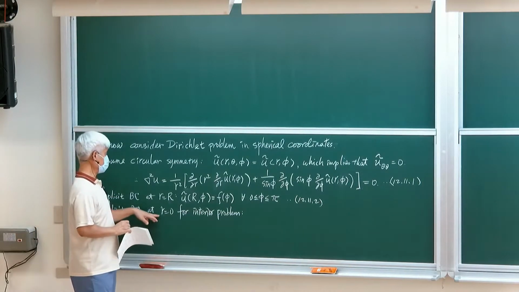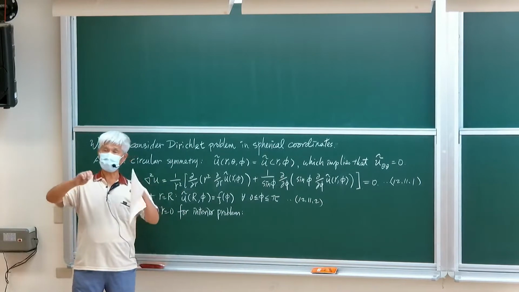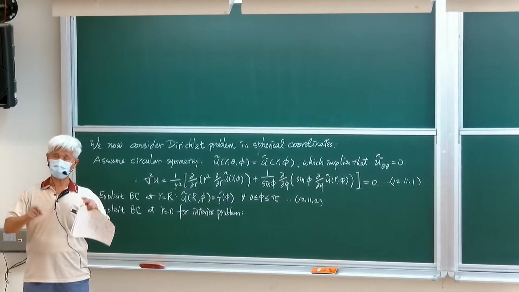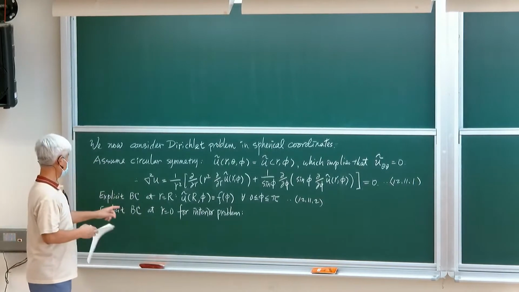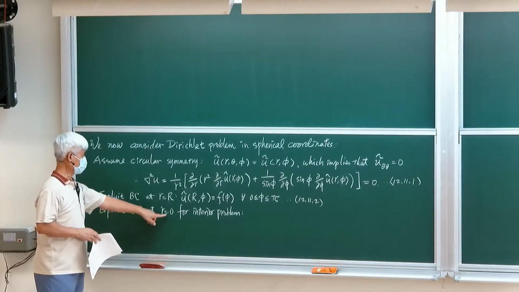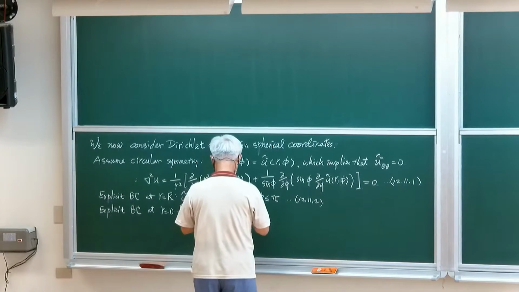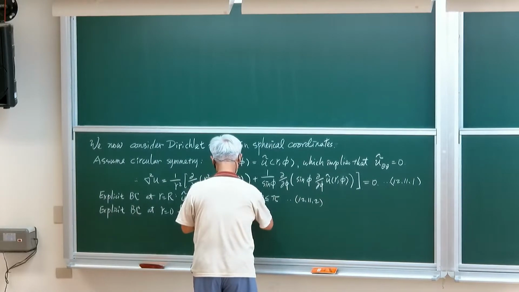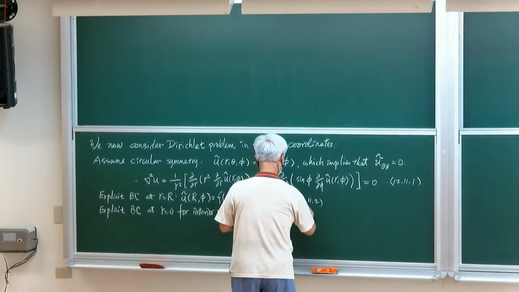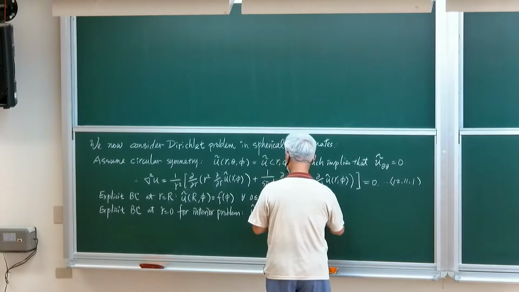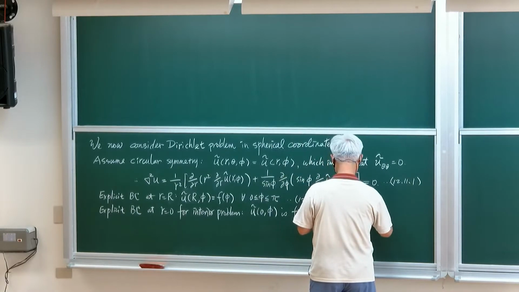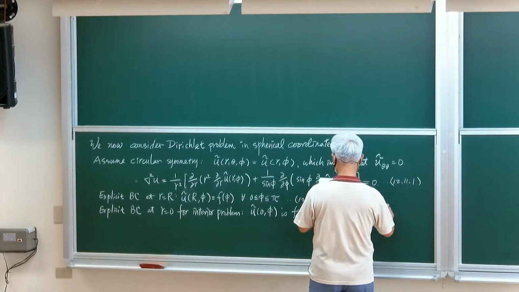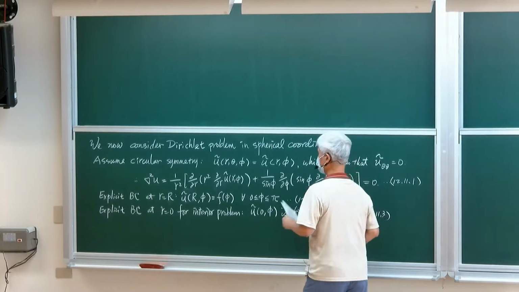If U specifies the potential inside the sphere, then we have a boundary condition at r equal to 0, which says that U tilde of 0 and phi is finite for all phi. So this is 12.11.3.